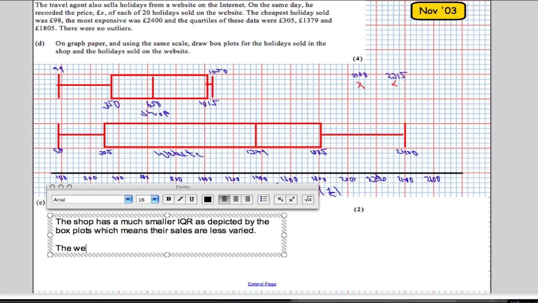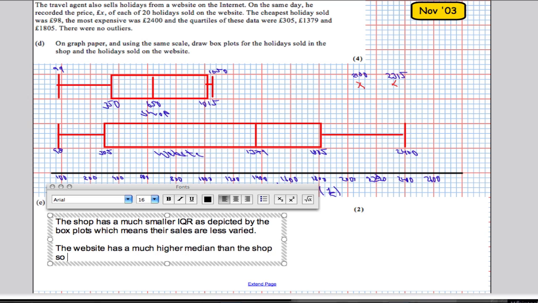The website has a much higher median than the shop, so on average their sales were higher.